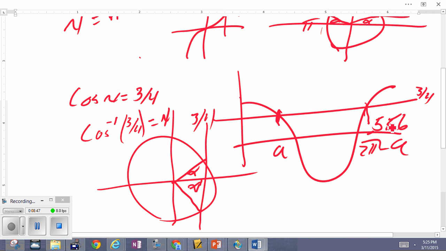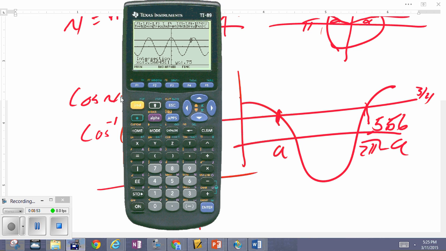So this value is 5.56. Now I guarantee you that when I go to my calculator and ask for the inverse cosine, so go to the home and we go to the inverse cosine. Diamond inverse cosine of 0.75, and that's 0.72.